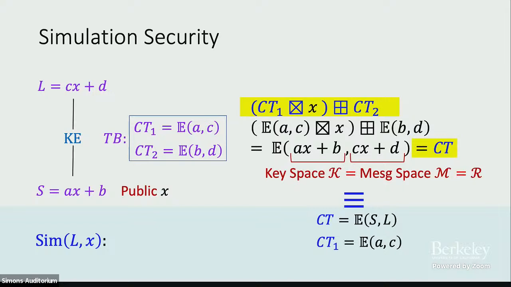And given ciphertext 1, I can always recompute ciphertext 2, subject to the correctness constraints. This is what we do all the time.